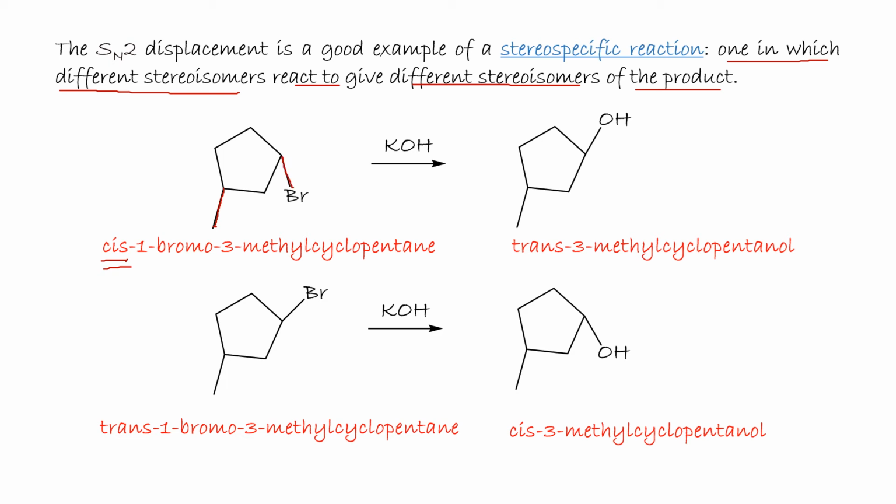KOH will attack; this is a leaving group here, Br, so OH will attack from the back, forming trans-3-methylcyclopentanol. When we start with trans-1-bromo-3-methylcyclopentane, OH will attack from the back, forming cis-3-methylcyclopentanol.